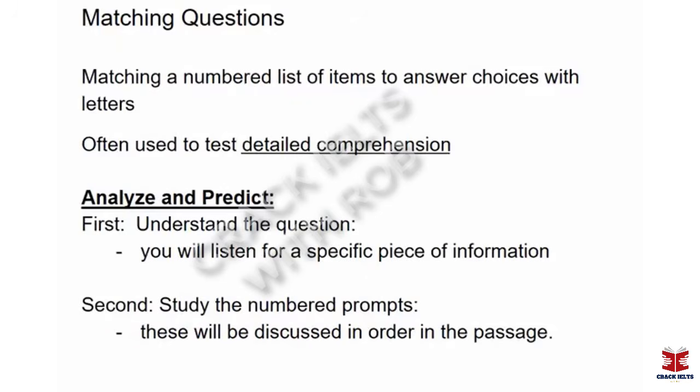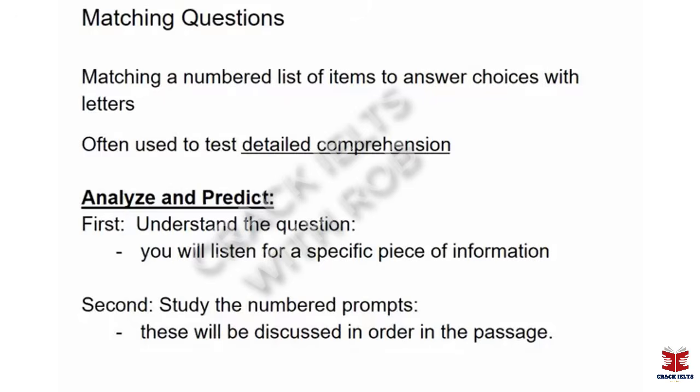Then secondly, you look at the numbered prompts, okay? These will give a list of items, and it's these things that will be answered in order in the passage, okay? So from numbers 1 to whatever you're answering, 1 to 5, 1 to 6, whatever it is, the answers for each of those will come in order, will be spoken or provided by the speakers in that order in the passage.